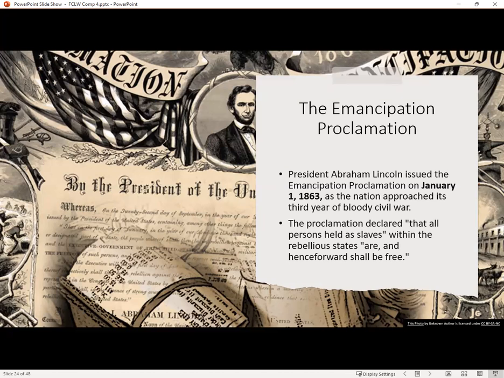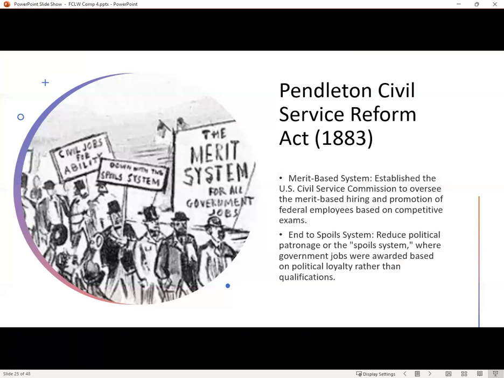So if you're a slave living in one of the states that said you're leaving and you're fighting the Union, then you're free. And he was hoping that this would cause the slaves in the South to fight against their masters and cause more havoc and make it easier to win the war.